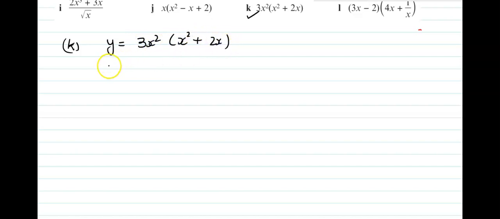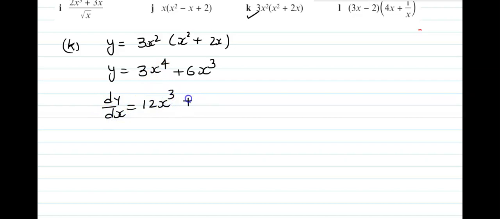Let's simplify. 3x square times x square will be 3x to the power 4. 3x square multiplied with 2x, 3 times 2 is 6 and it is x cube. So let's differentiate. dy over dx will be 12 x cube and 6 times 3 is 18 x square.